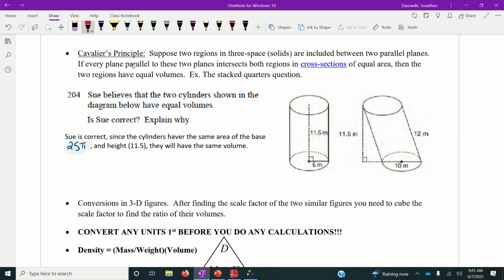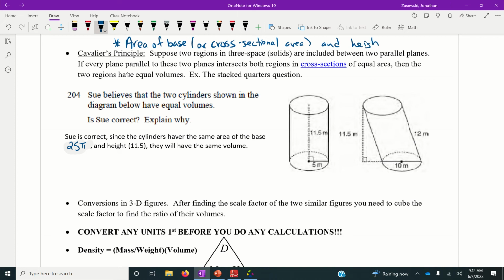All right, Cavalieri's Principle. So when we do Cavalieri's Principle, key things that we're looking for as graders, when I grade this, or anyone else is grading this, is that they're looking for the phrases area of the base, or cross-sectional area, and the height.